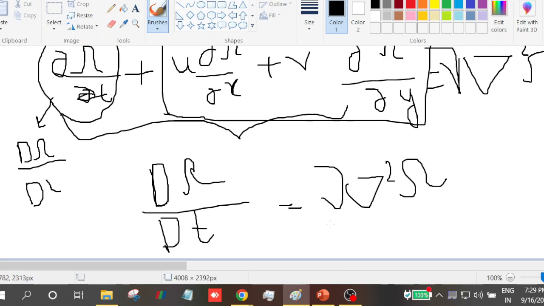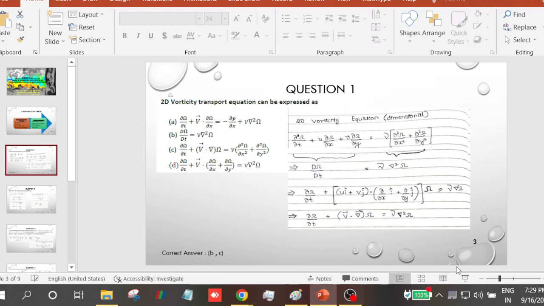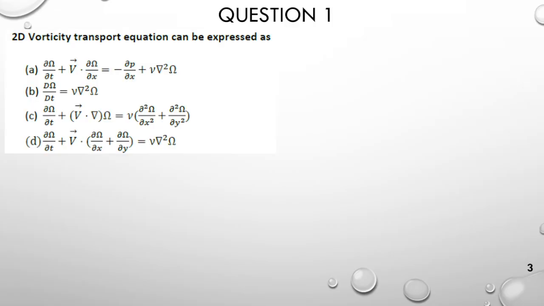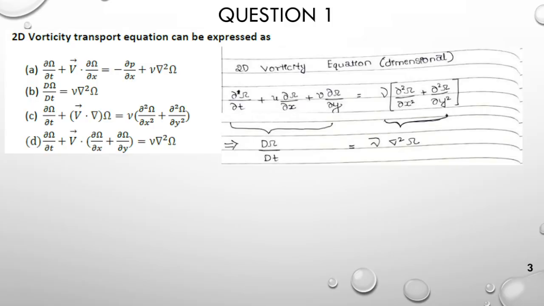Yes, because omega is transported by the flow. So basically we have that equation. Mainly, option number B can also be correct, since it can be written in terms of the material derivative.